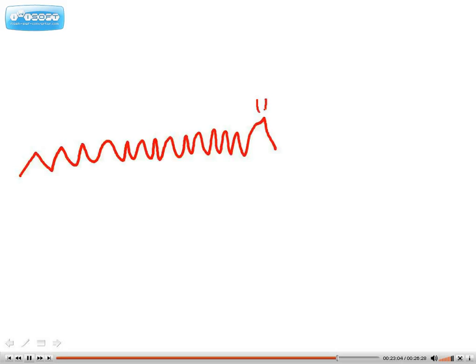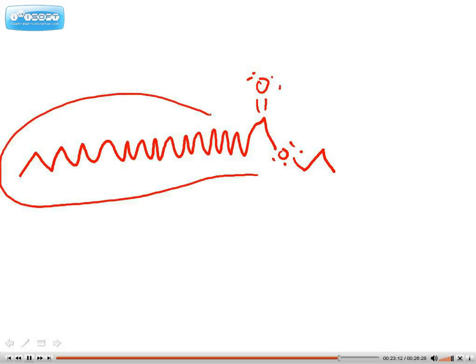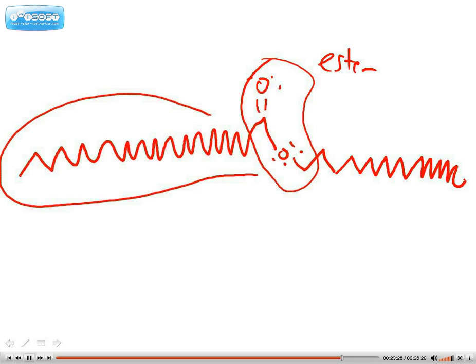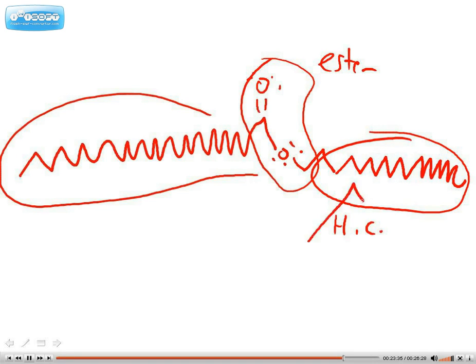They're essentially very, very long hydrocarbon tails, and then they have a central ester in the middle, and then they have a really, really long continued hydrocarbon that's connected to the previous alcohol portion of the ester.